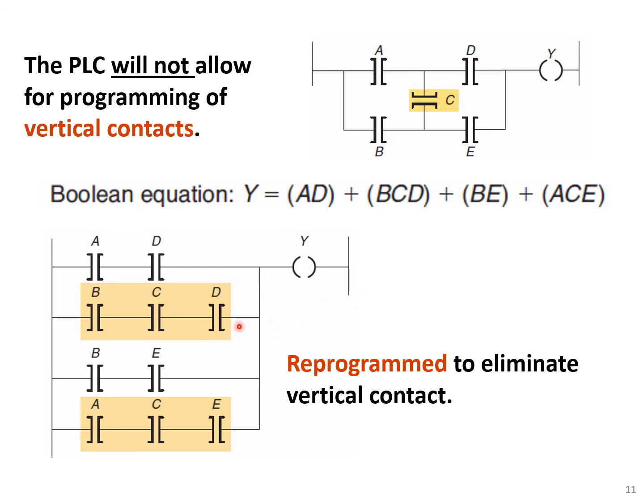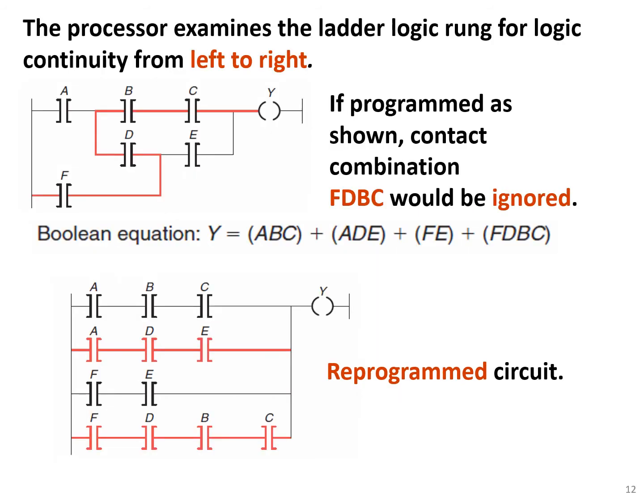So this one is programmed to eliminate vertical contact, yes? We cannot have vertical contacts in ladder logic programming. The processor examines the ladder logic rung for logic continuity from left to right. If programmed as shown, contact combination FDBC would be ignored.